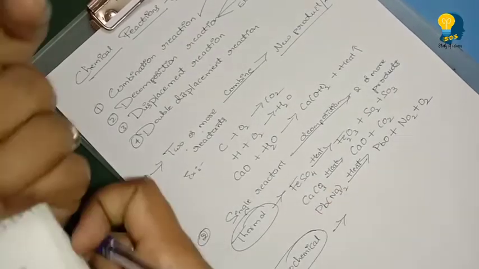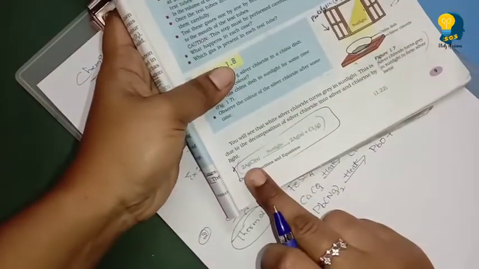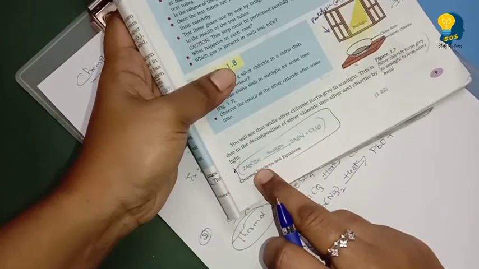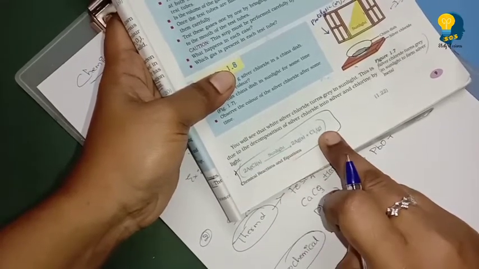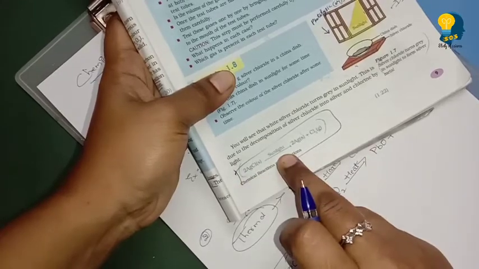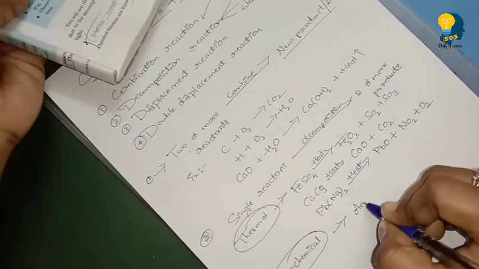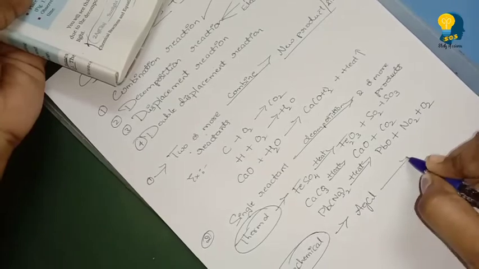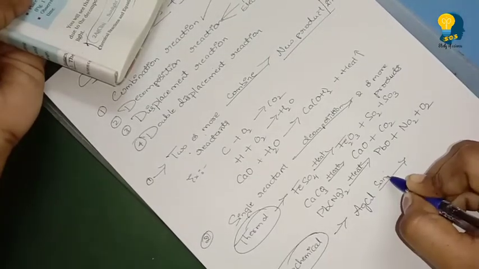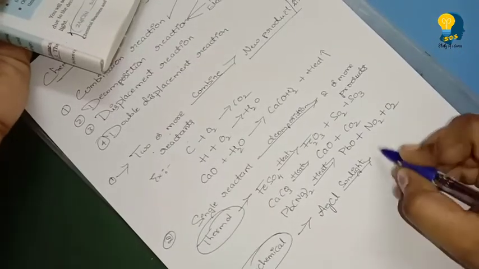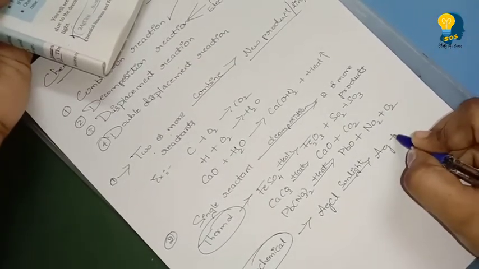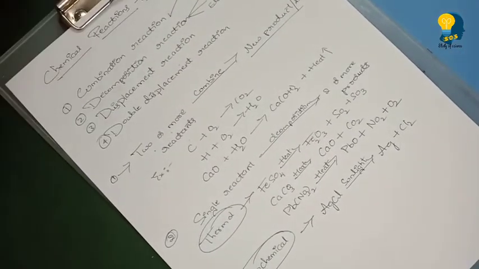So here you can observe silver chloride is there. When we keep silver chloride in sunlight, we get silver and chlorine. It is undergoing decomposition. Silver chloride, when we keep it in the sunlight, undergoes decomposition, it forms silver and chlorine.